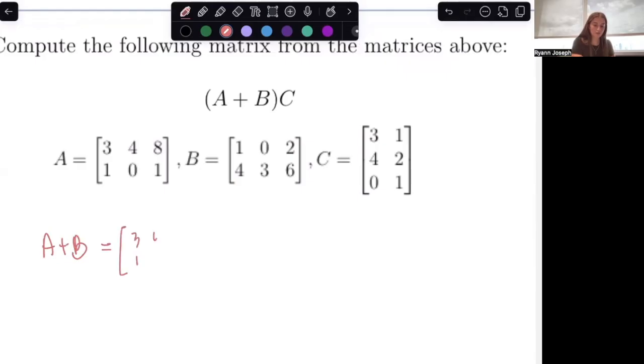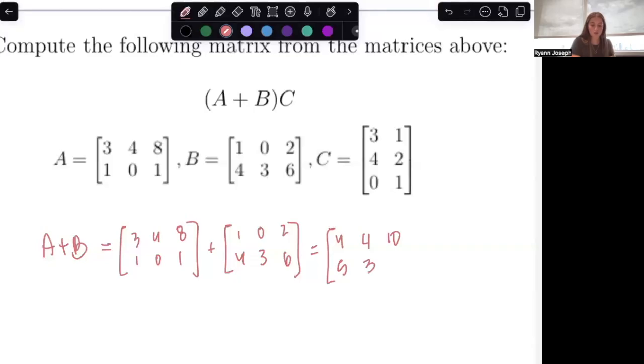So 3, 1, 4, 0, 8, 1 plus B, which is 1, 4, 0, 3, 2, 6. As you can see, we can add them together entry-wise. So 3 plus 1 is 4, 4 plus 0 is 4, 8 plus 2 is 10, 1 plus 4 is 5, 0 plus 3 is 3, 1 plus 6 is 7. That's my A plus B.